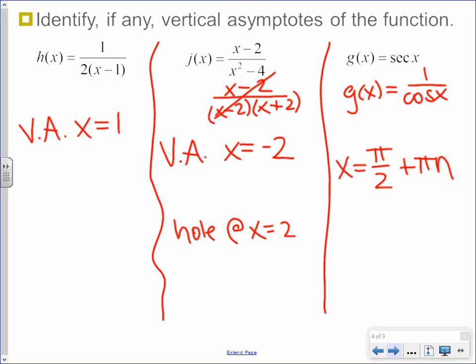So now we understand how we identify vertical asymptotes. Let's use that to help us evaluate some limits.